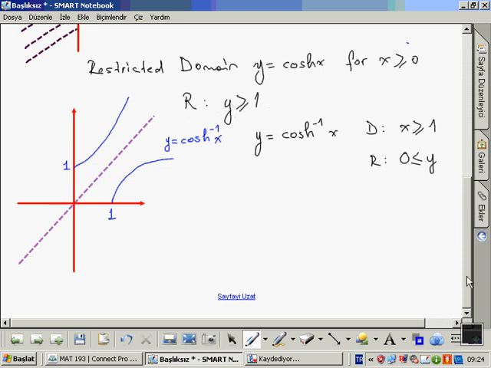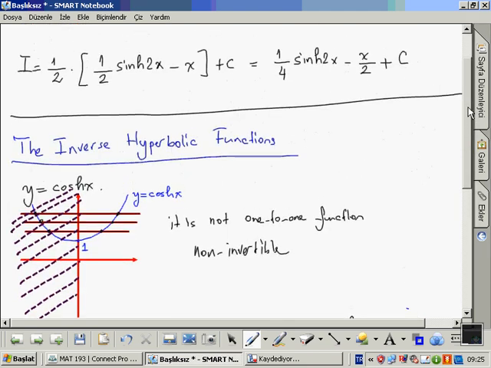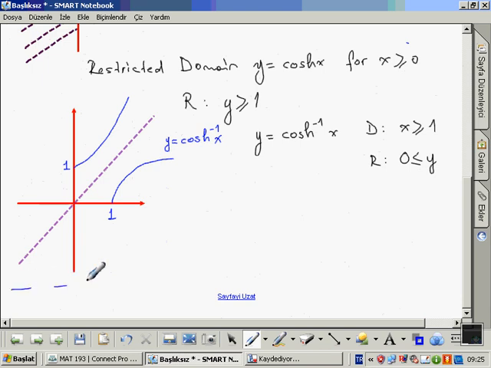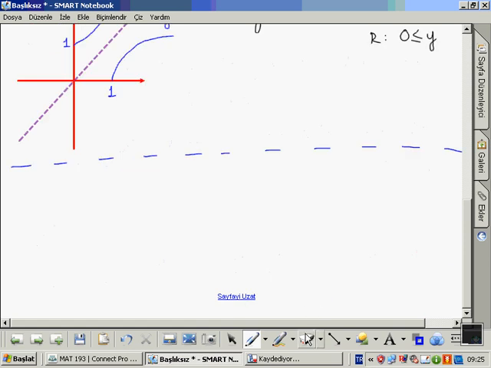And what can we say about another hyperbolic function, which is sin h?